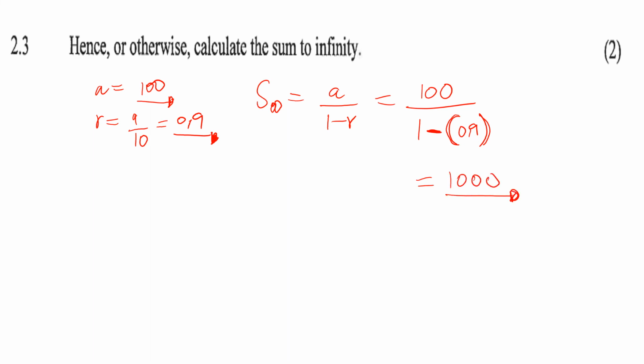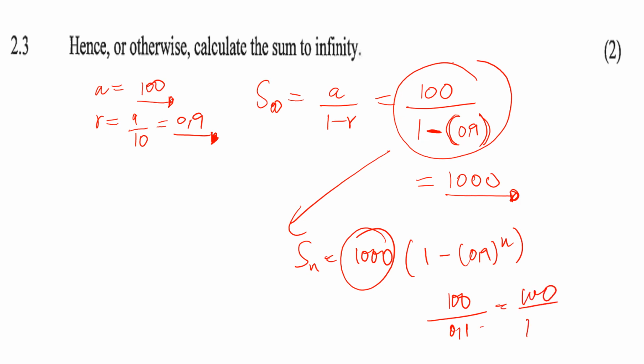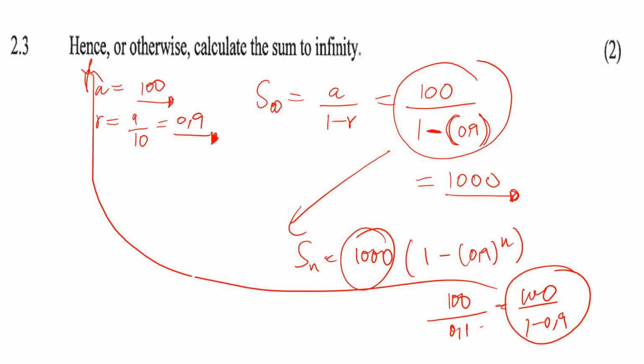You can recall this from the previous question, because there we had Sn equals 1000 into 1 minus 0.9 exponent n, and this 1000 was gotten by saying 100 divided by 0.1, which was the same as 1 minus 0.9. That's why they said hence. They didn't want you to use a calculator, but to recall quickly that 100 over 1 minus 0.9 was in the previous question, and we calculated it to be 1000. So you can quickly give them the answer there.